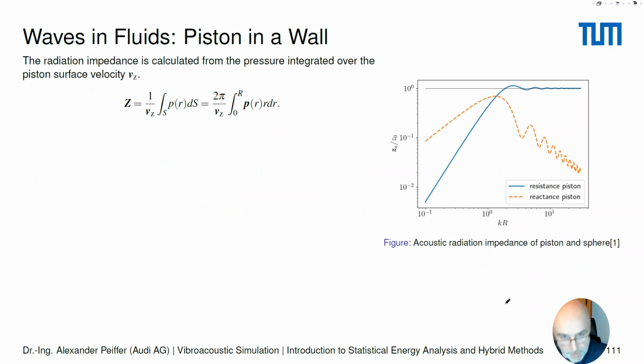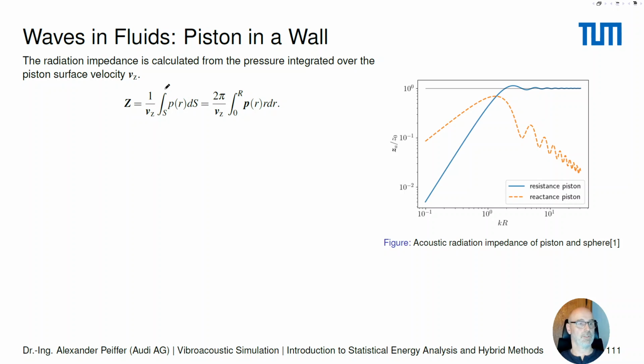The other story, which is very important: we would like to see what is the behavior of the source itself. So the feedback of the wave field onto this piston is defined by the radiation impedance, which is nothing different than the force divided by the velocity, but the force that a vibrational surface in the sound field would experience.